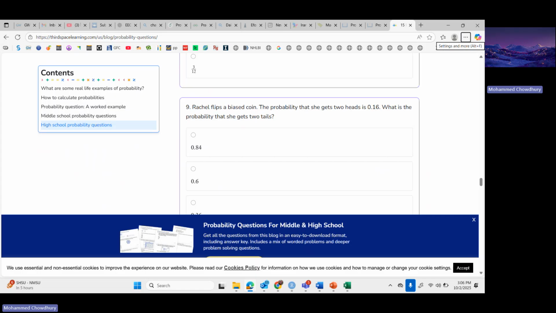But you are asked what is the probability she got 2 tails? So in that case, we need to do a square root. Why square root of 0.16? Then to find the probability of one tail, first we find one head and then the complementary will be one tail.